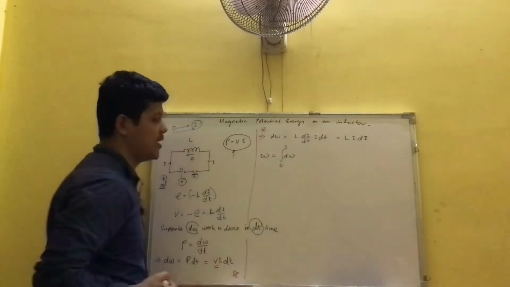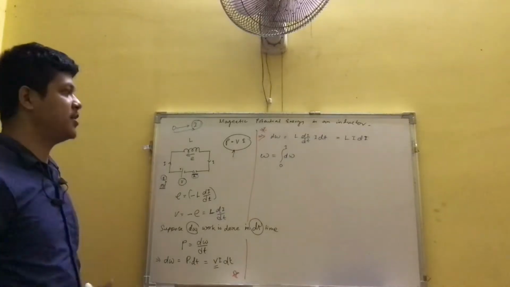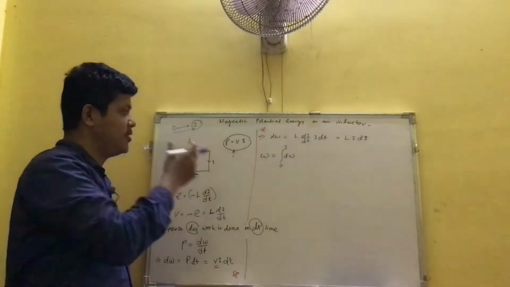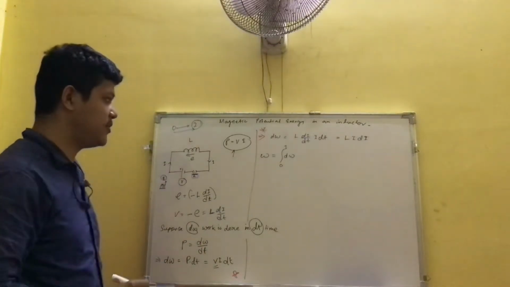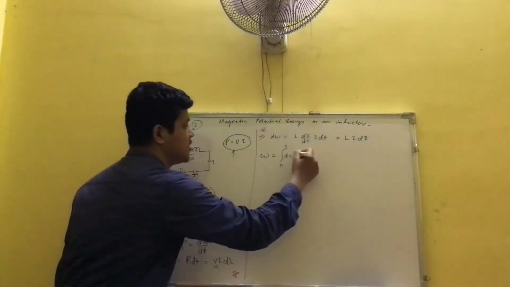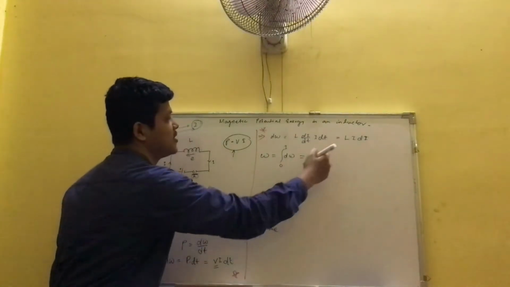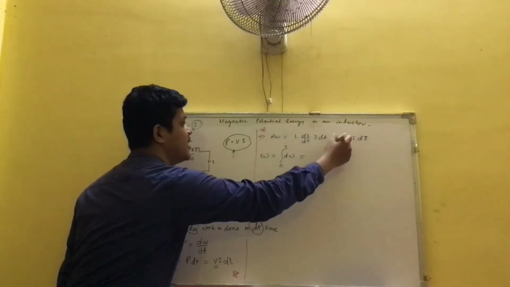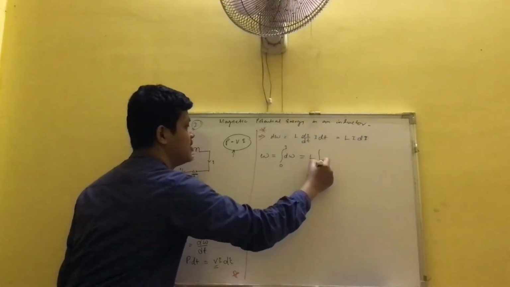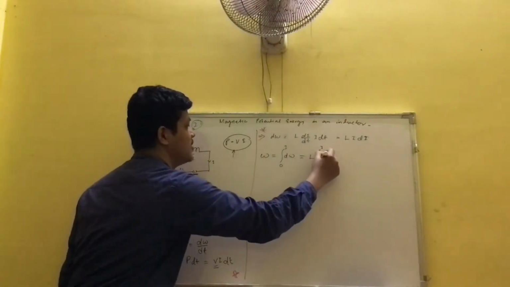Integrating dW from 0 to I. I hope you have the idea of integration that you have studied in mathematics, differentiation and integration. Now dW is nothing but L I di. As L is constant, it can be written outside, then integral from 0 to I of I di.